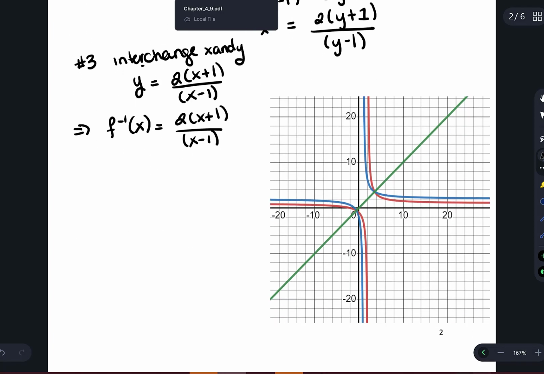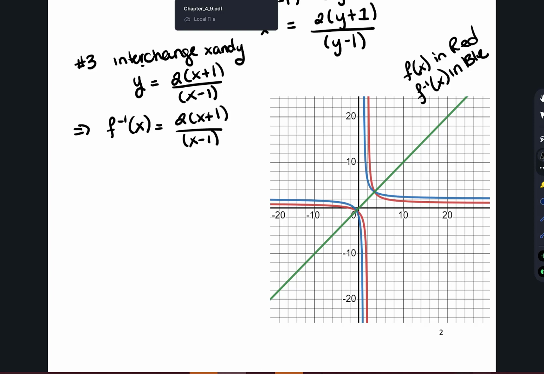So here on this graph, I've got f of x in red, and the inverse is plotted in blue. And here in green, we have the line y is equal to x. What the inverse function does is we can think of it as flipping the function over the line y equals x.